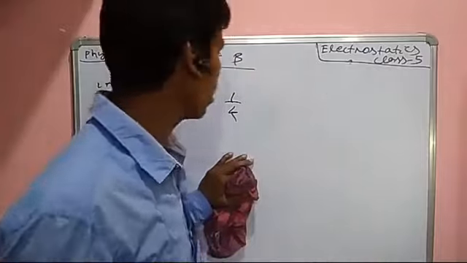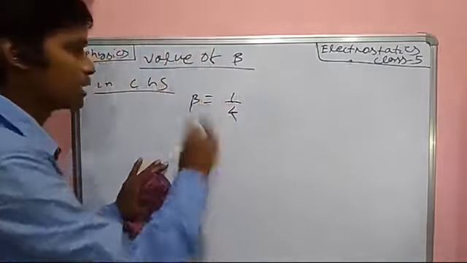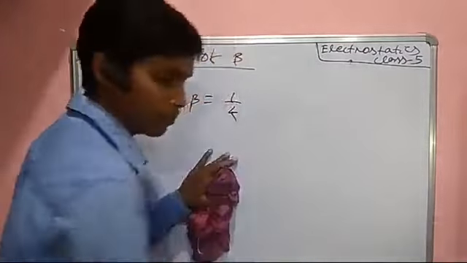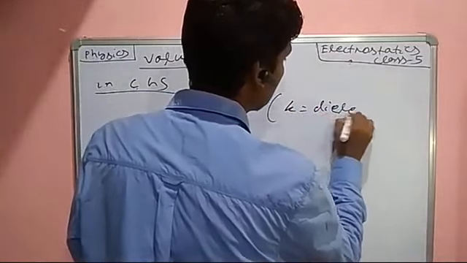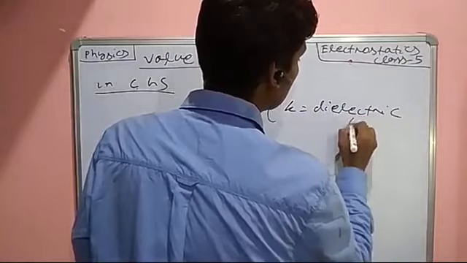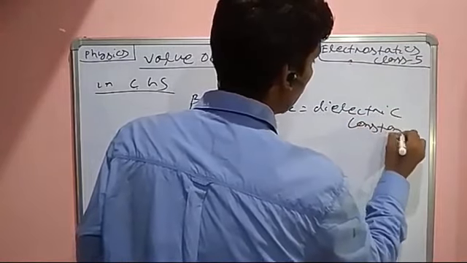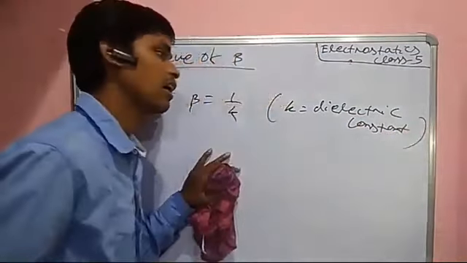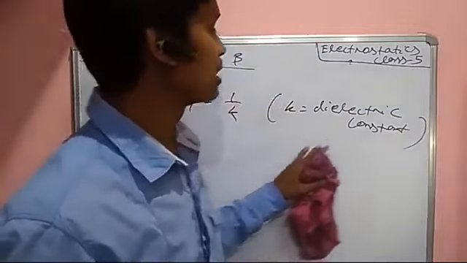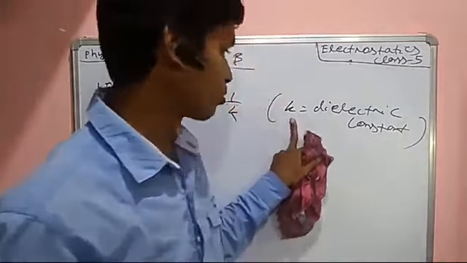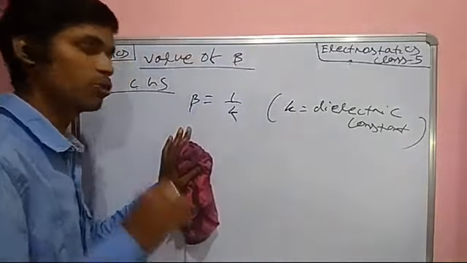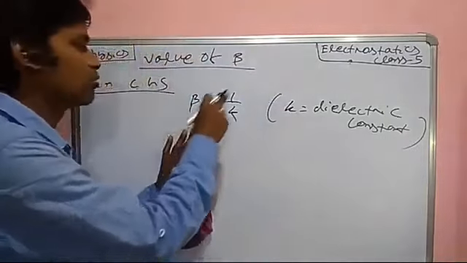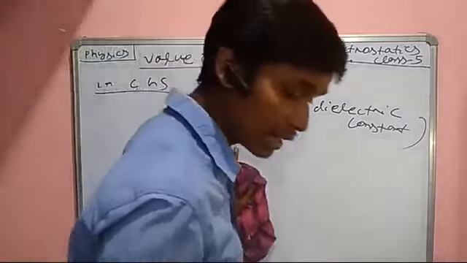I will discuss that later, but now beta is equal to 1 by k, where k is the dielectric constant. I will discuss the dielectric constant later. You have to remember in CGS beta is equal to 1 by k, where k is the dielectric constant.